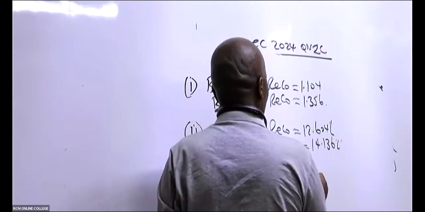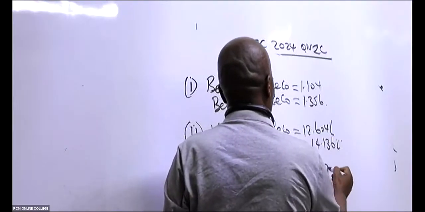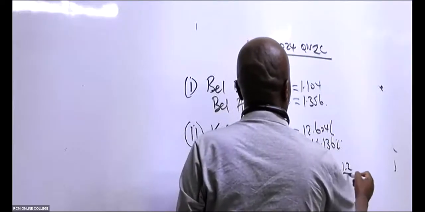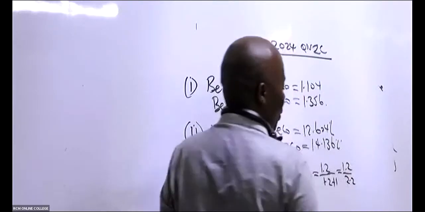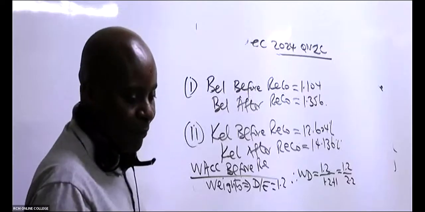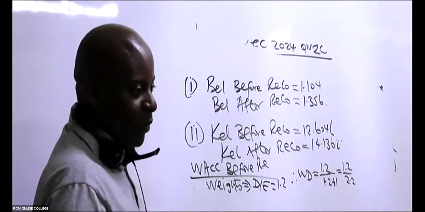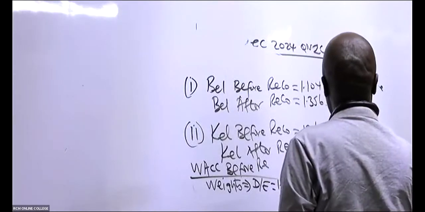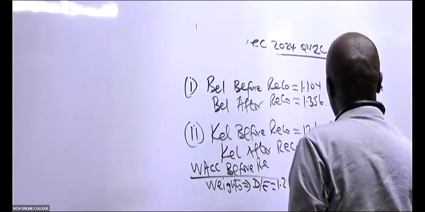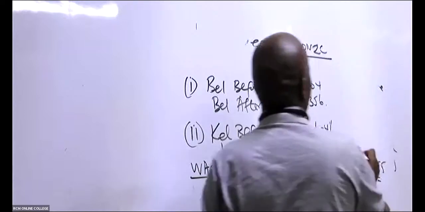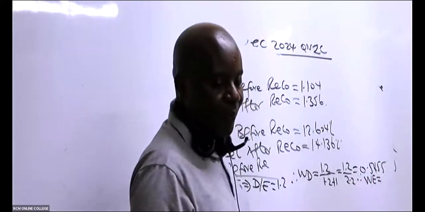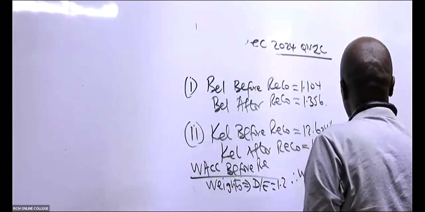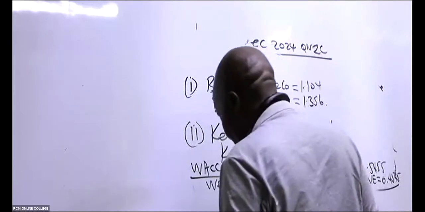So therefore, weight of debt will be 1.2 divided by itself plus 1, which will be 1.2 over 2.2, which gave you guys what figure? 0.5455. And therefore, weight of equity will be 1 minus that. 0.4545. Thank you very much.